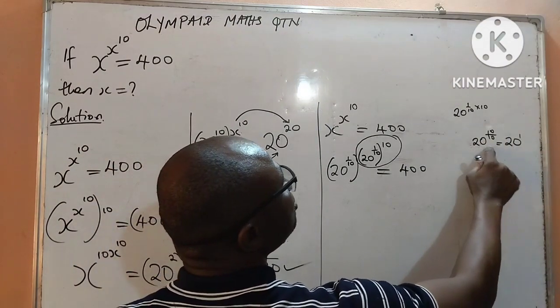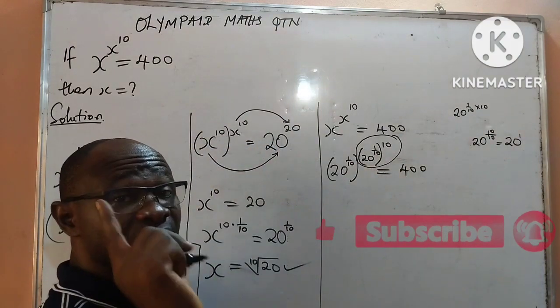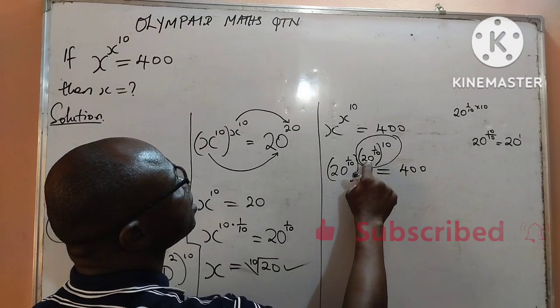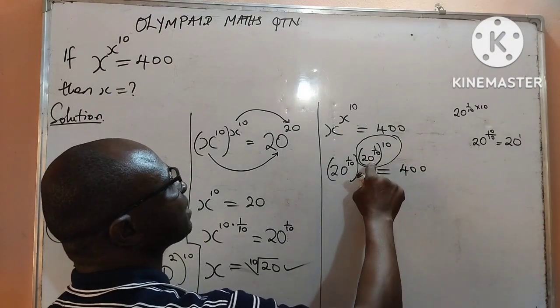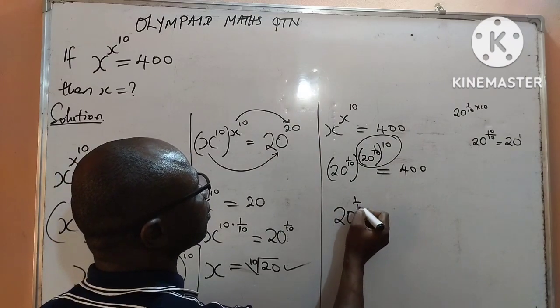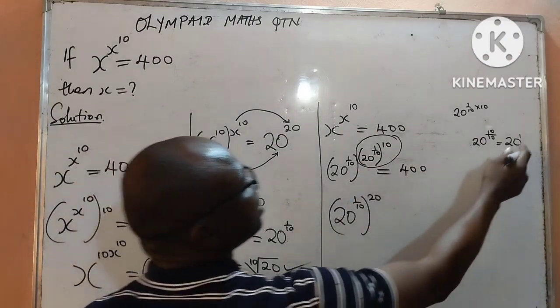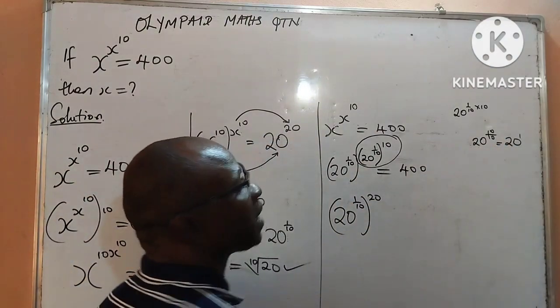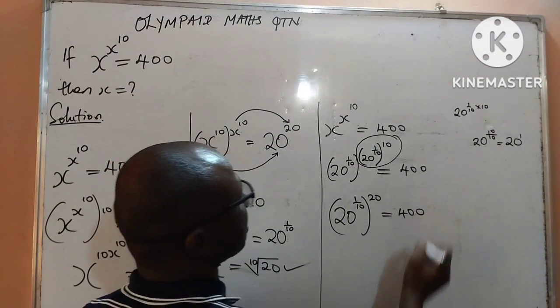And therefore, 20 raised to power 1 is 20. So, 20 raised to power 1 over 10, then raised to power 10, is going to give me simply 20. So, I write it like this: 20 raised to power 1 over 10, then outside the bracket is now left with 20, 20 raised to power 1, which is just 20. And it is equal to 400. Beautiful.